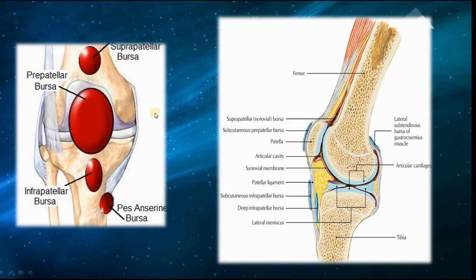As you can see in this picture, the prepatellar bursa is anterior to the patella, the suprapatellar bursa superior, and the infrapatellar bursa inferior to the patella. And there is also a lateral subtendinous bursa of the gastrocnemius muscle, which reduces the friction between the gastrocnemius tendon and the condyle of the femur.